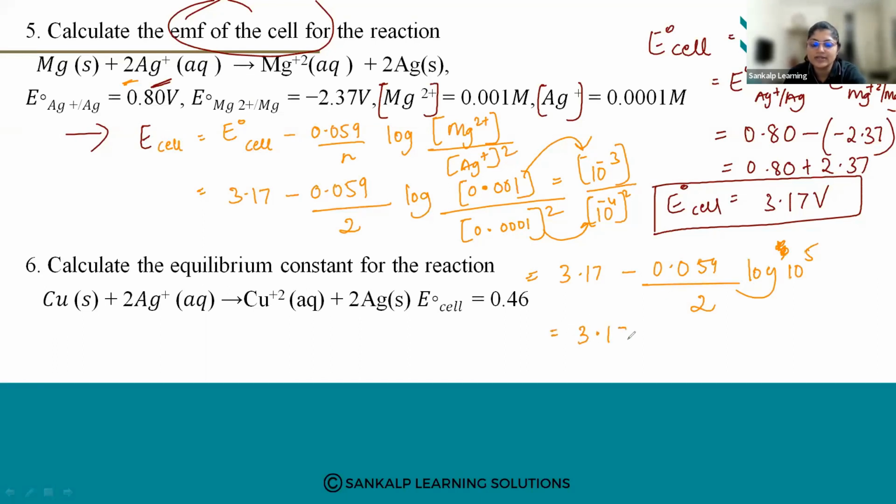So 3.17 minus 0.0295, after solving 0.059 divided by 2, into log of 10 raised to 5, which is 5. Now multiply this and subtract it from 3.17, minus 0.1475. So it will come as 3.0255 volts. This is your EMF of the cell.